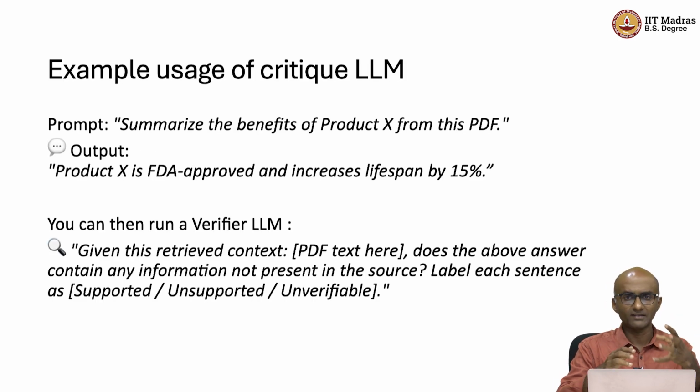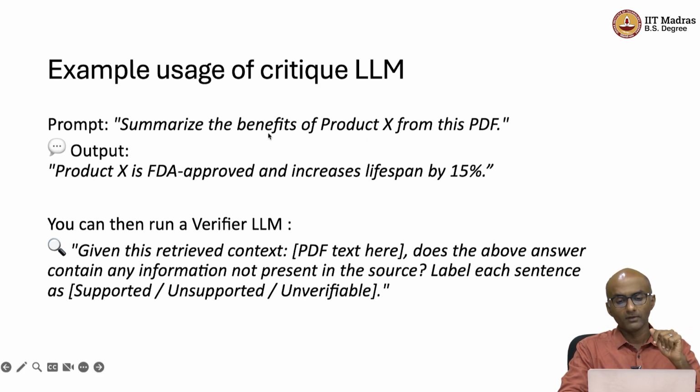So what's the example of a critique LLM? Let's take another example here beyond the image example that we just spoke about. Let's take an example of a PDF, which is a brochure for a product, right? And the product could be, let's say, a washing machine or a vacuum cleaner. So the prompt is from a user who's looking to buy that washing machine.